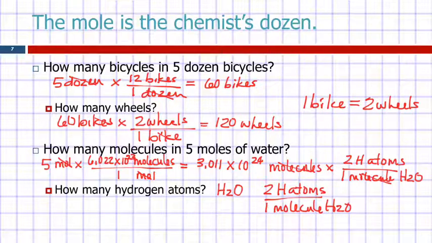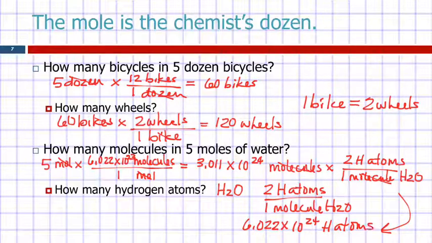Then the molecules cancel out. I still have that number in my calculator, times 2. It'll be 6.022 times 10 to the 24th hydrogen atoms. Any questions?